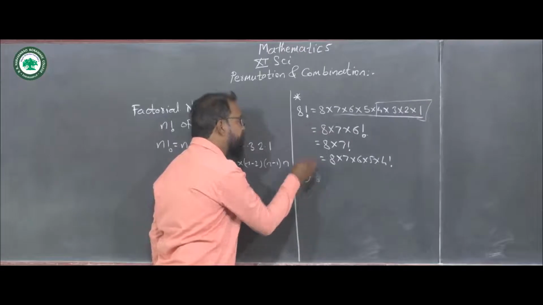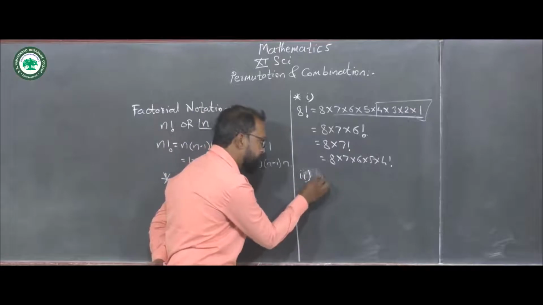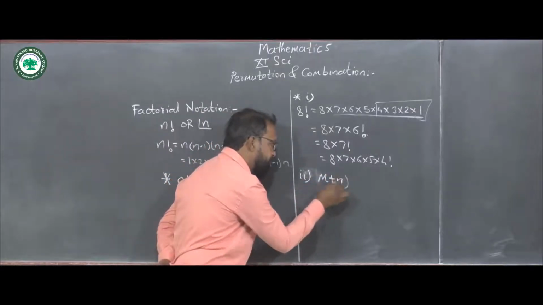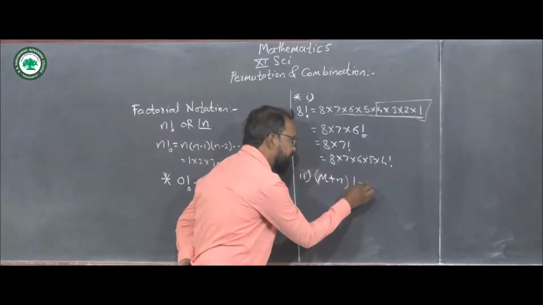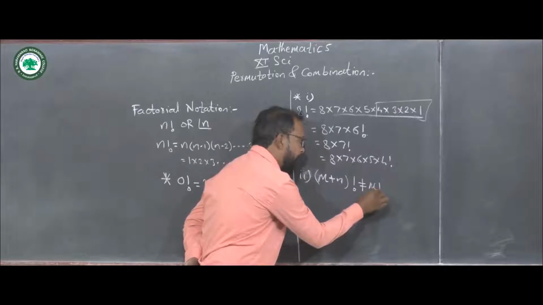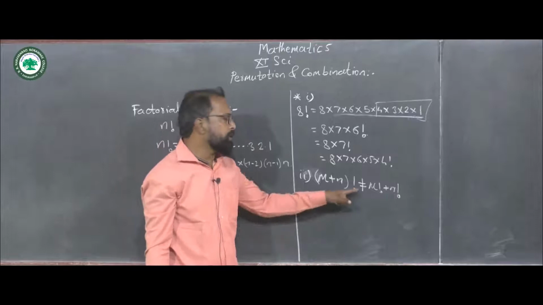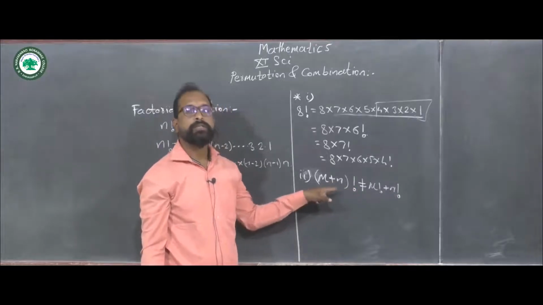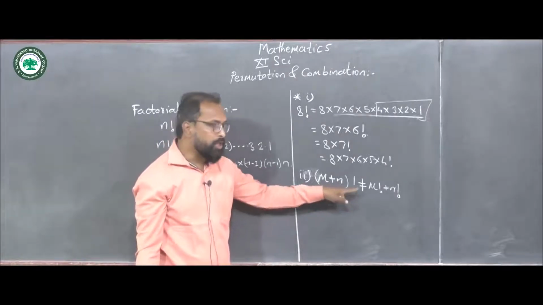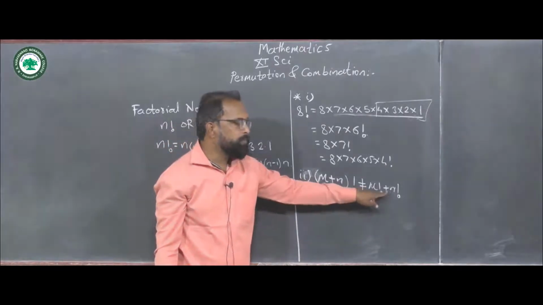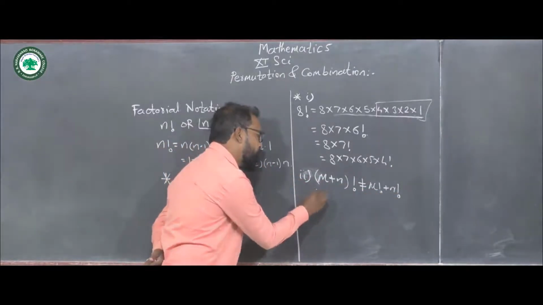Now the second property is, for any natural numbers m and n, m plus n factorial is not equal to m factorial plus n factorial. That is, this shows that factorial notation is not distributive. m plus n factorial is not equal to m factorial plus n factorial, but here is one more result for this.